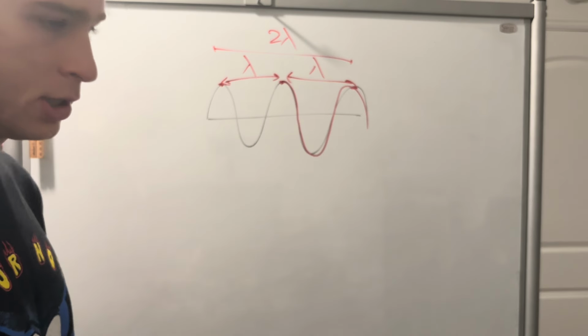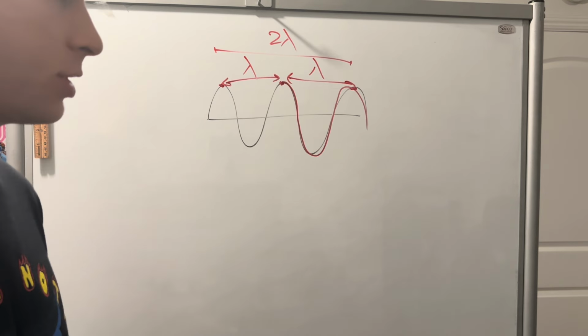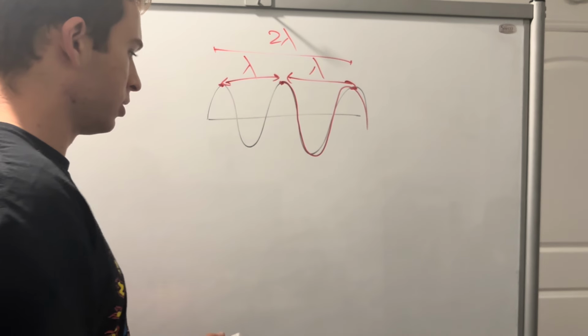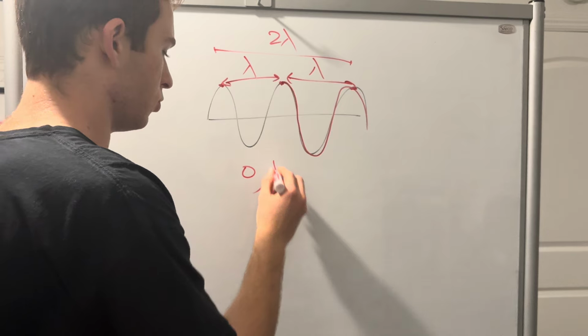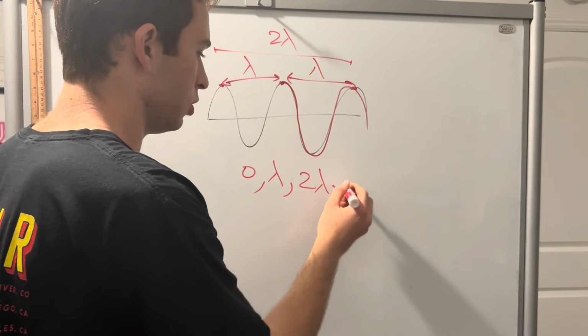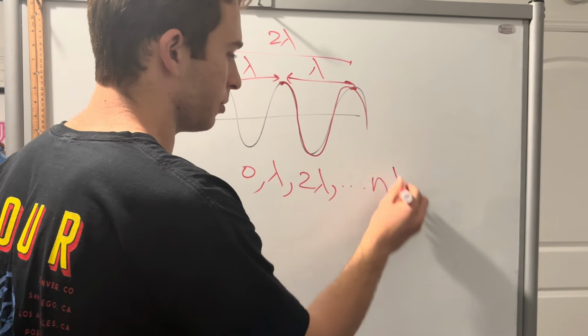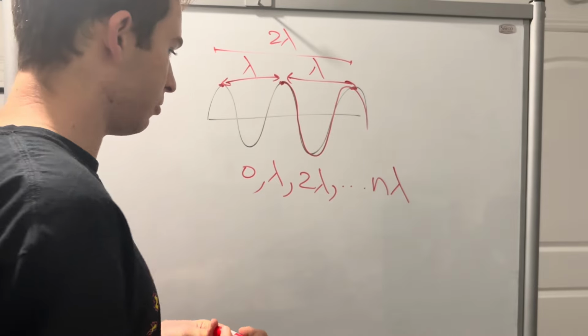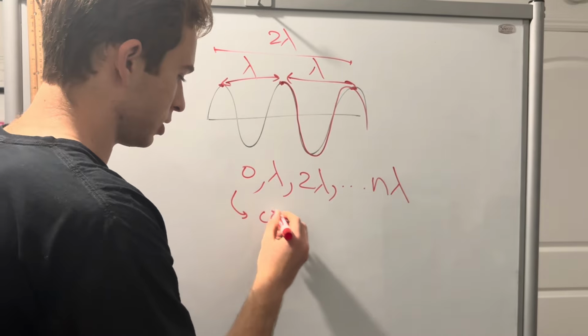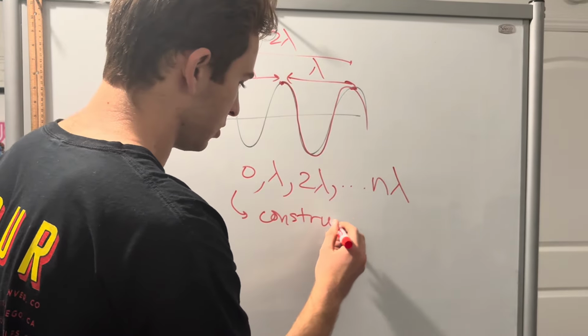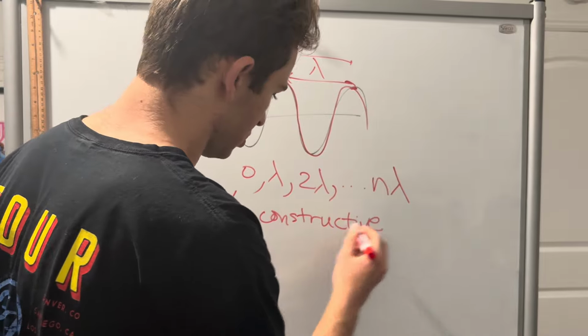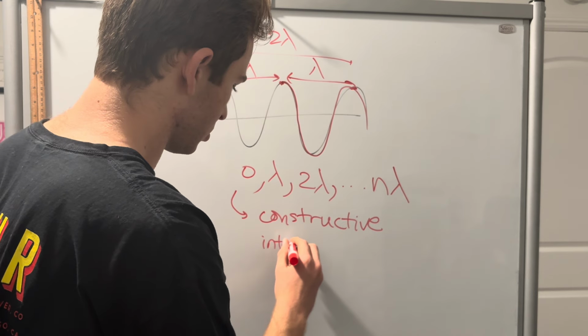And so I know that if I start this other wave pulse from either 0 wavelengths or 1 or 2 or any integer number of wavelengths, then I will get constructive interference.